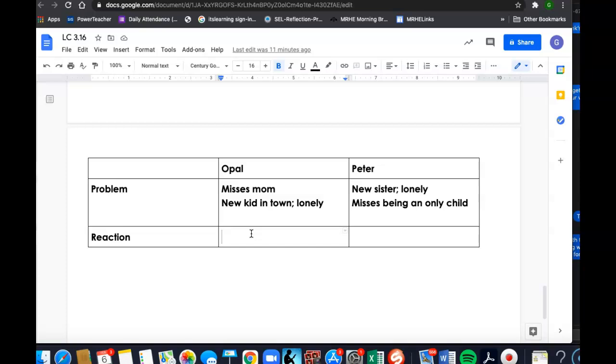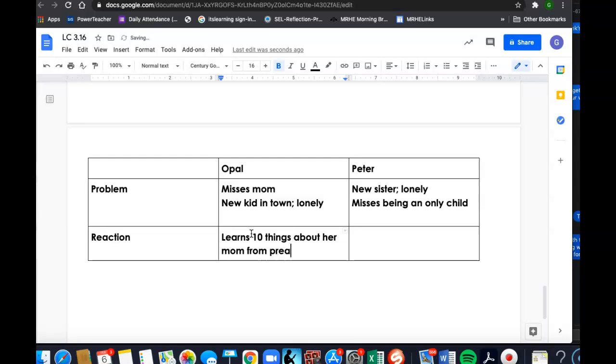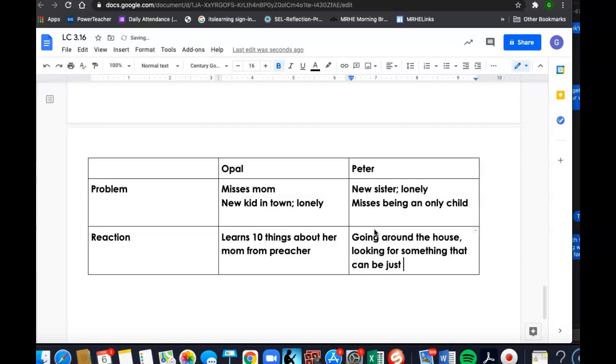Opal is very bold in asking her dad to tell her about her mom with her 10th birthday, and she's asking for 10 things from Preacher. So that's how she reacts to missing her mom. And Peter reacts to missing being an only child by going around the house looking for something that can be just his.